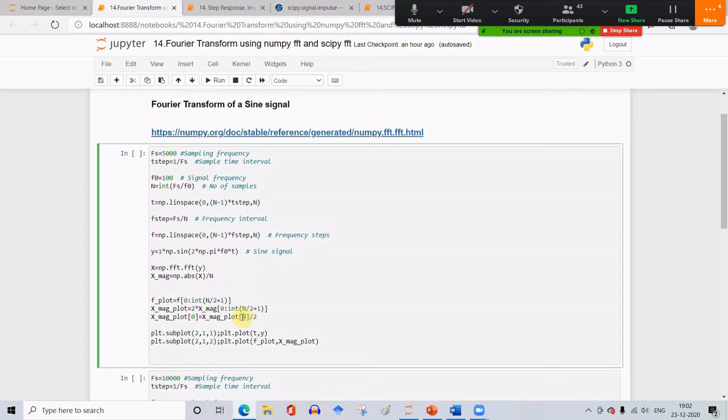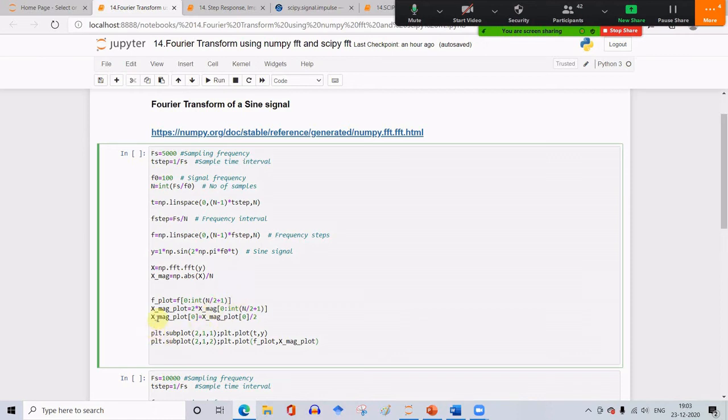So take only the magnitude part of it and divide by 2 to get the magnitude for plotting purpose. So these three lines you should remember. If you don't make these corrections, the frequency that you get will be different from what you expect, and also the magnitude will not be the correct value. So whenever you use this package np.fft, you have to do these corrections. Okay, these are important steps you should remember.